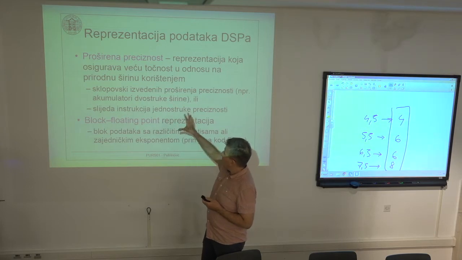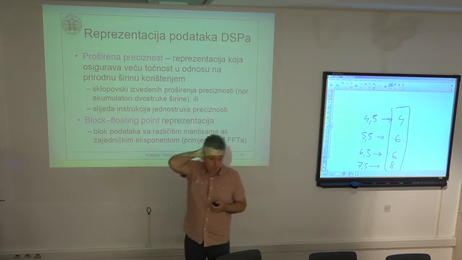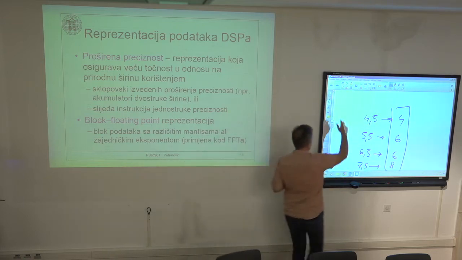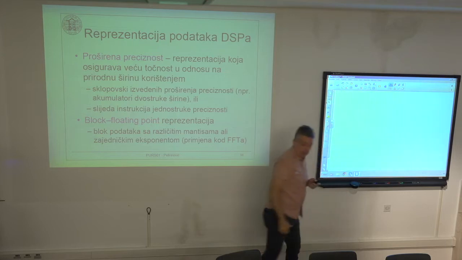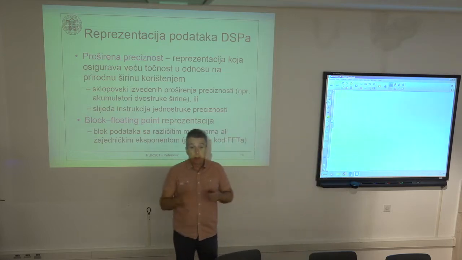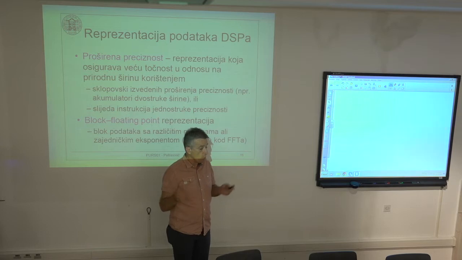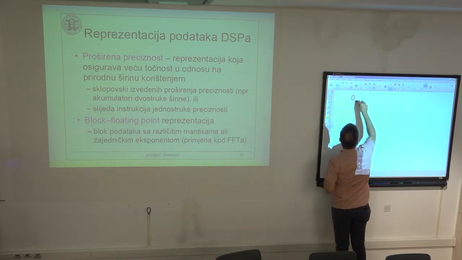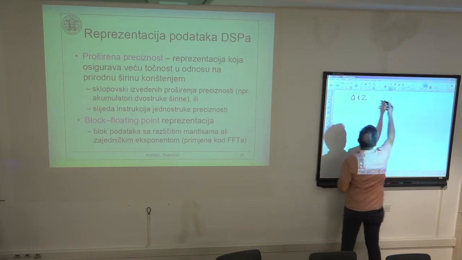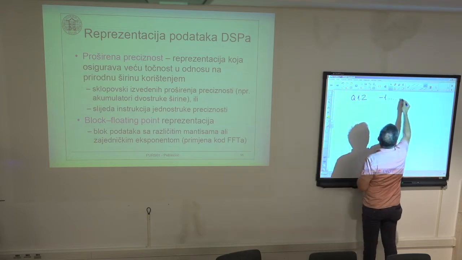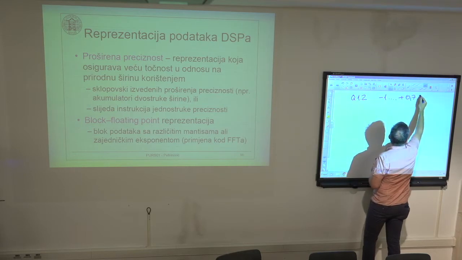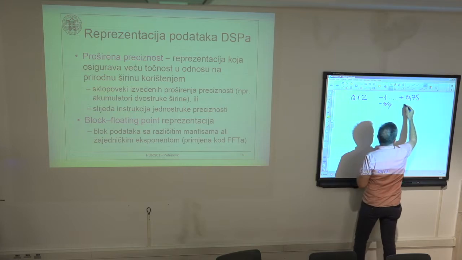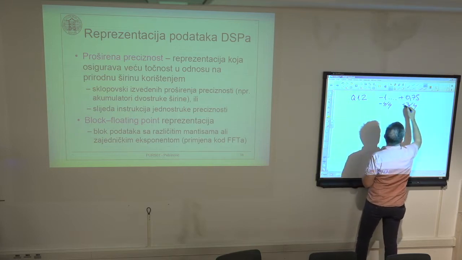Finally, we have the extended precision. To describe it for a simple case, suppose I have this 3-bit 2's complement representation, Q1.2. Q1.2 has values from -1 to plus 0.75, because this was -4/4 and this was plus 3/4.